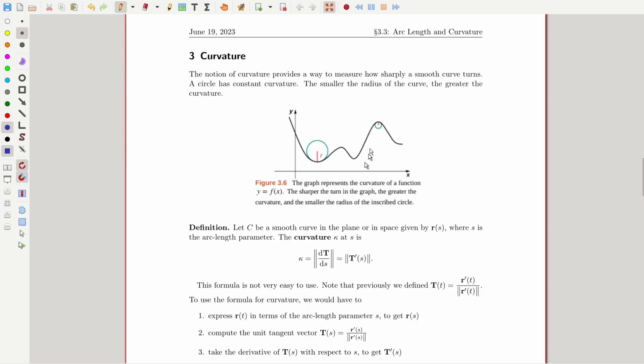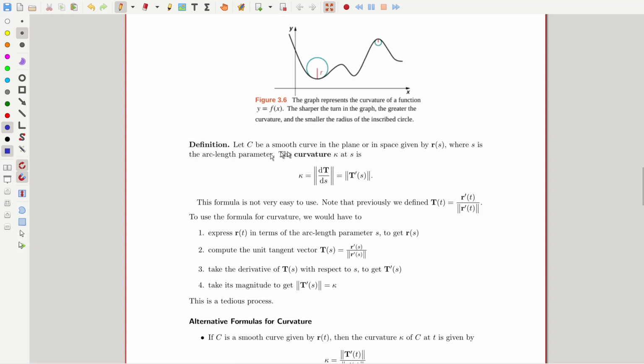The sharper the turn, the greater the curvature. If you think about it like, if you're in a car and you're turning, how much do you have that, what is it, centripetal force? The stronger the centripetal force, the greater the curvature that your car is performing. Okay.